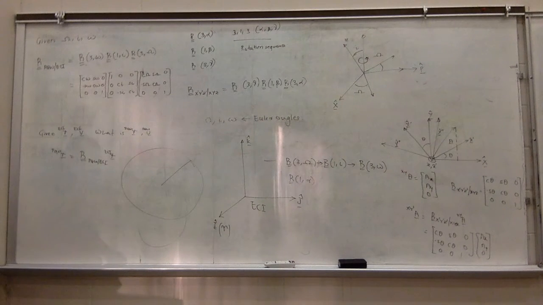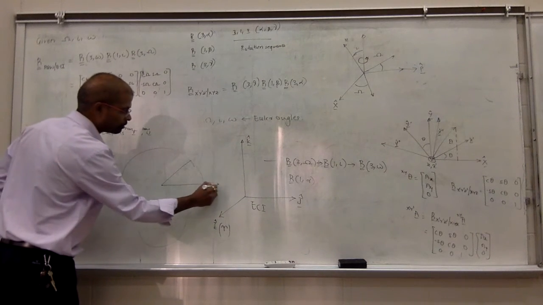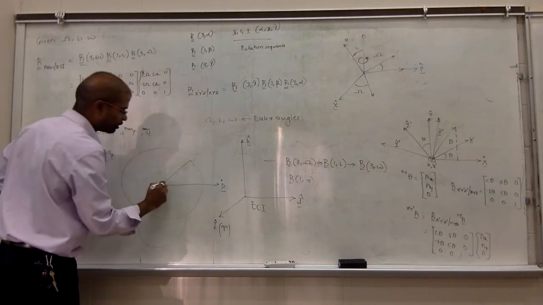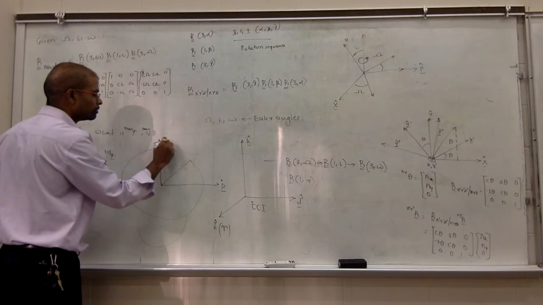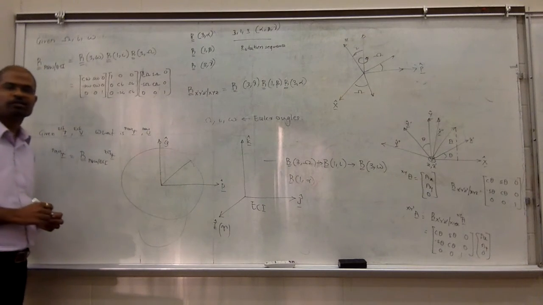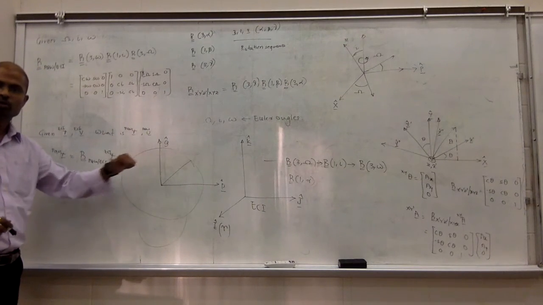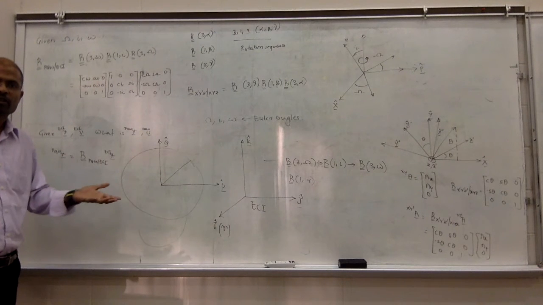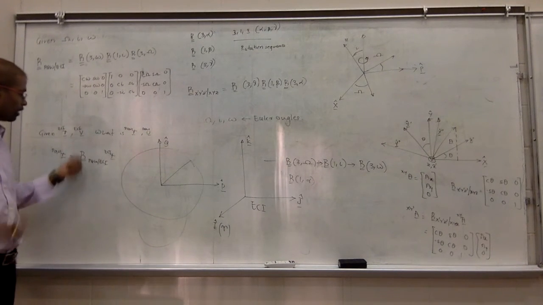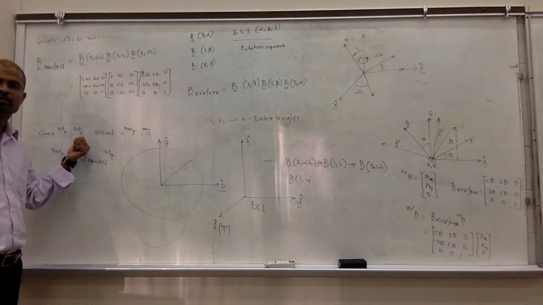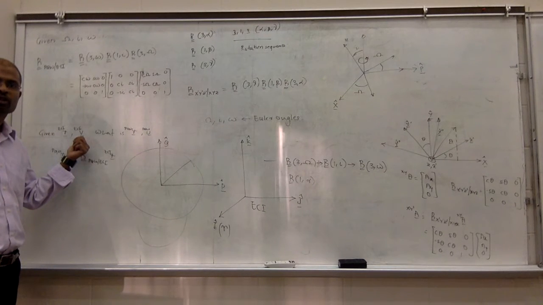So this PQW frame will have only P and Q components. P component is this, Q component is this. Will it ever have a W component? It will never have a W component. Will velocity have a W component? Velocity will not have a W component either.